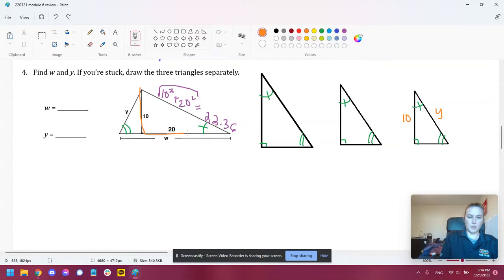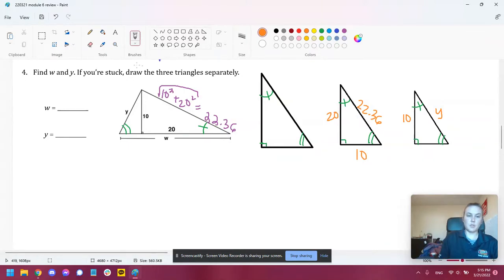If we're looking at this middle triangle, I notice that 22.36 is the hypotenuse and that 10 is across from angle 1. So I'll put 10 across from angle 1, just like I did over here. I'll make 22.36 my hypotenuse, and then 20 is my other side, so I'll put it where it is.